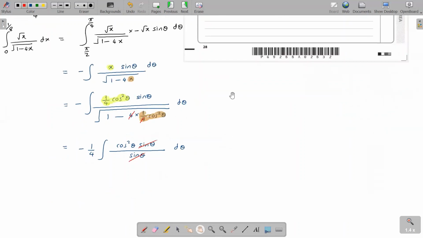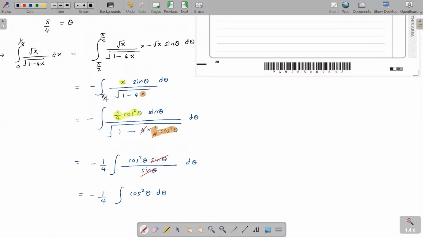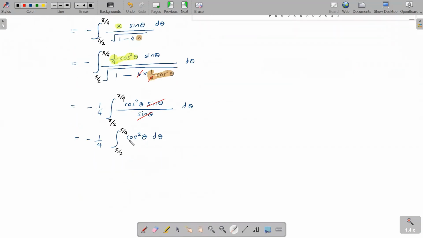Is that the show that? Yes. So we have the show that, almost there, except there is an extra negative sign. So why do we get the extra negative sign? What are the limits, by the way? Our limits are pi over 2 to pi over 4, right? Then in the show that, there is no negative sign. So what you can do to get rid of the negative sign is, when you switch the limits, we can generate another negative sign and cancel this out.